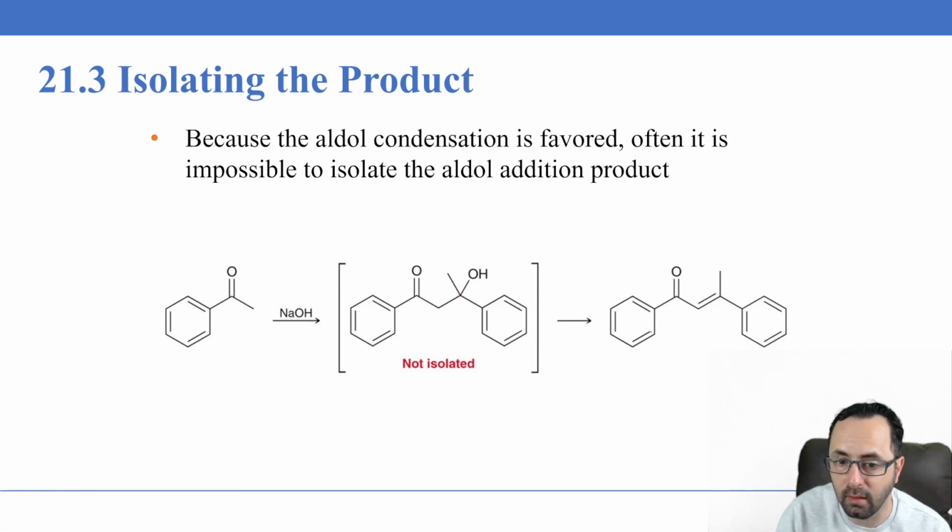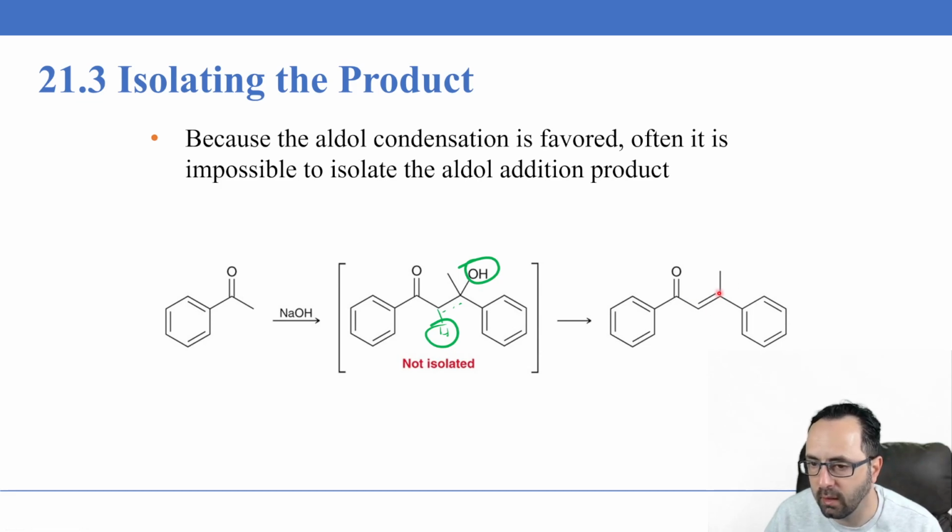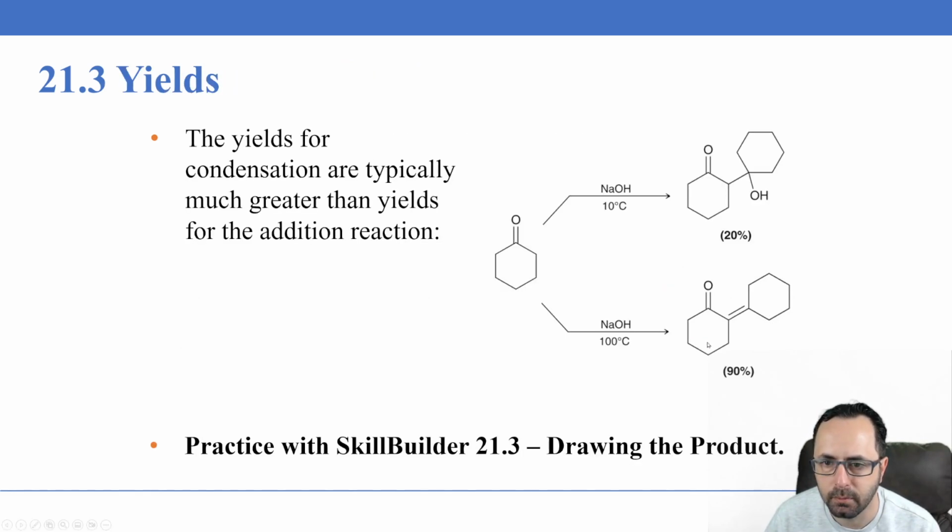So again, this elimination, base catalyzed in this case, is the removal of these as water and the formation of the double bond here, which we see right here. And so under normal reaction conditions, you're going to just go straight to the unsaturated product here, the condensation product.